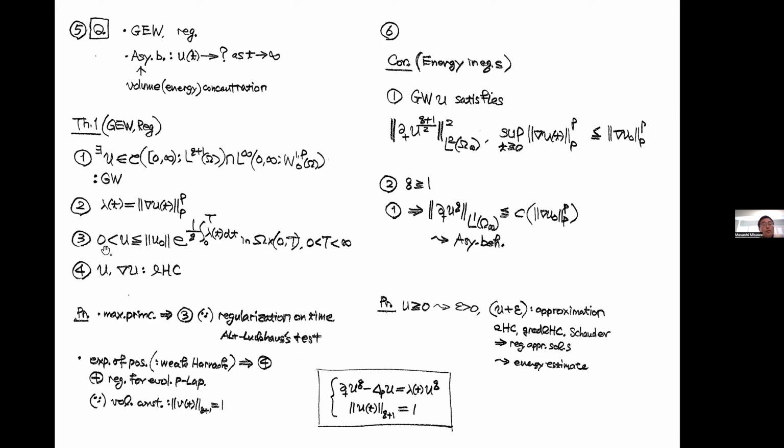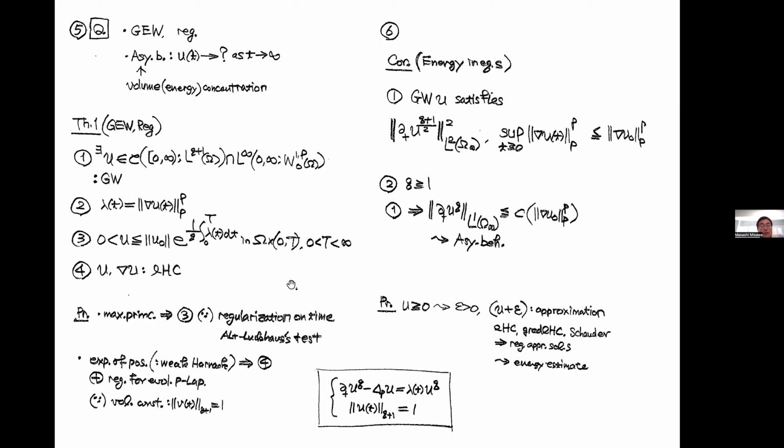Also u is positive and bounded on every finite time interval. And finally, this solution u and its spatial gradient are locally in time Hölder continuous, which is the regularity of the weak solution.